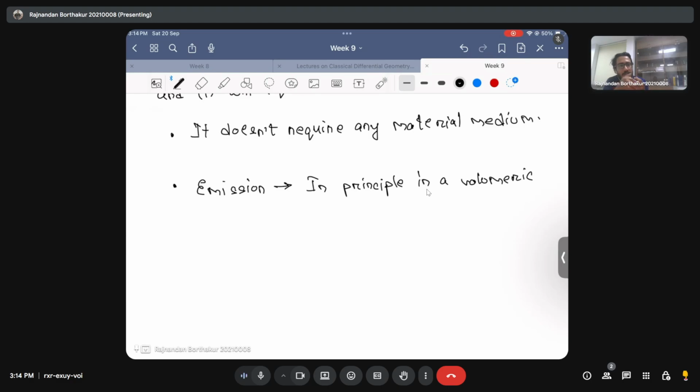But when we in general speak about the word emission, it is in principle a volumetric phenomenon.